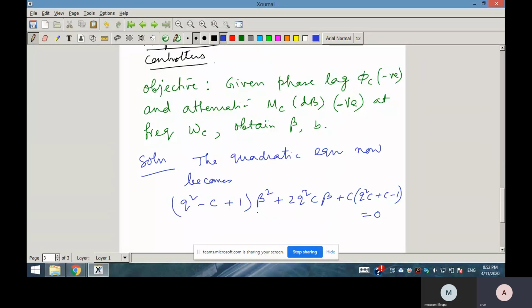What I have done is only replaced alpha by beta in equation 5 of the lead controller.